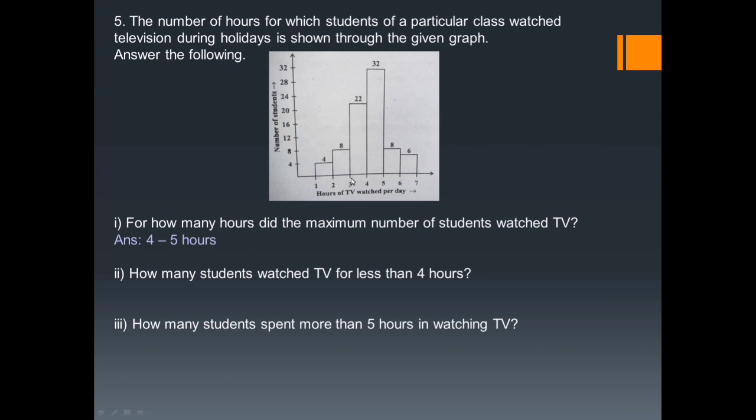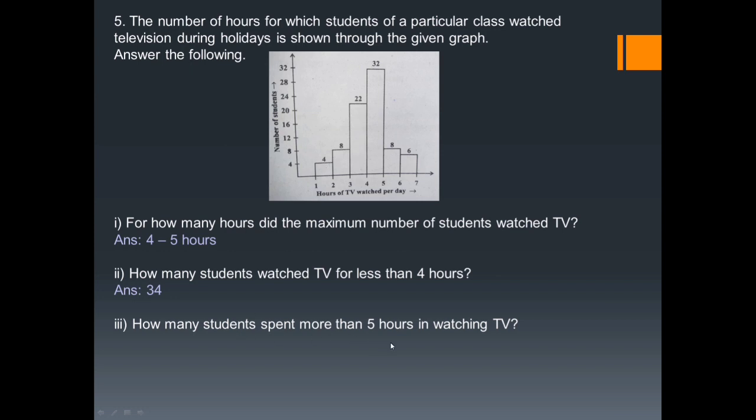Less than 4 hours means these bars, and this 22 can be included. 22, 30, 34. Let's see the answer. Yes, 34. Less than 4 means from here we can count back. This is 22, with this 30, then 34.